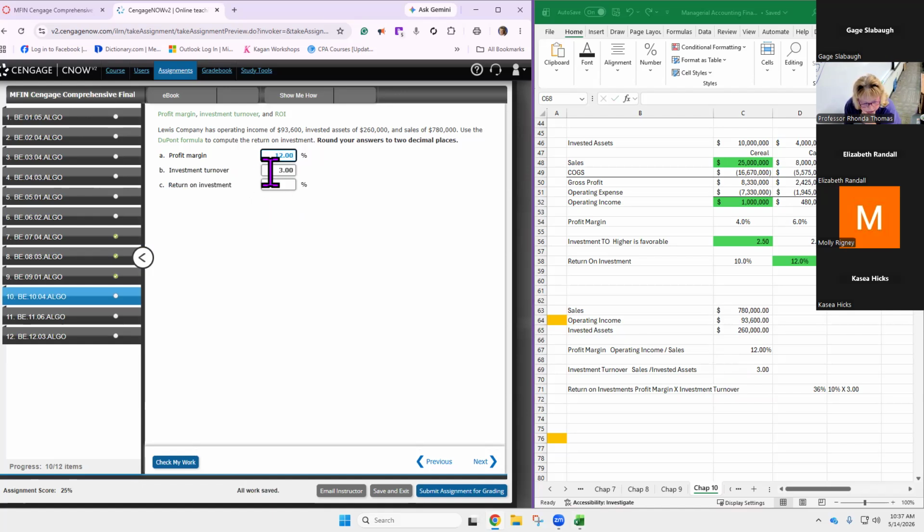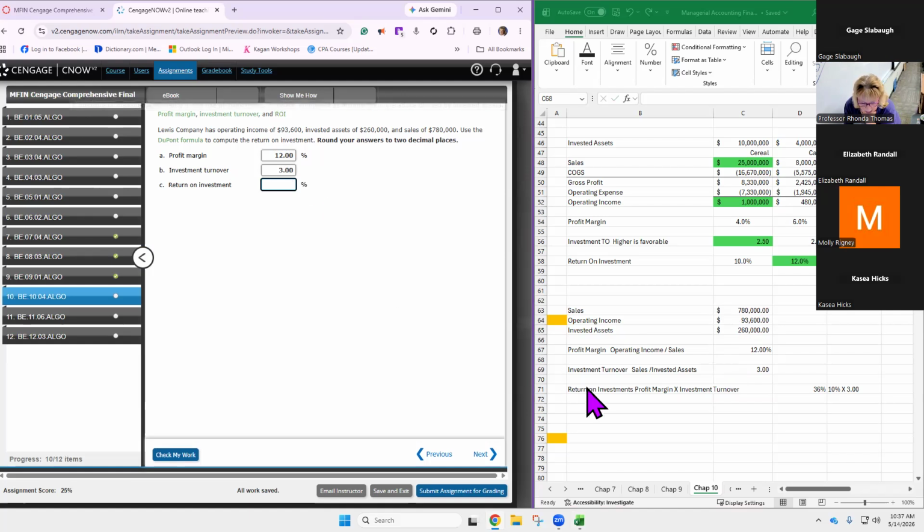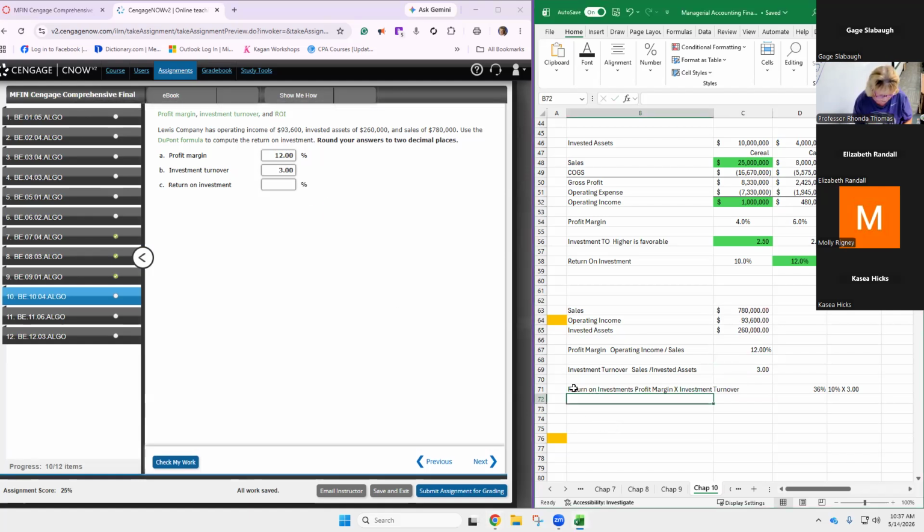These two are needed for this one, the return on investment, ROI. Okay, return on investment. This is a very popular measure of profitability. So you use these two. So you take 12% times 3. Okay, 12% times 3. And I got return on investment of 36%. So that was doing the math here.